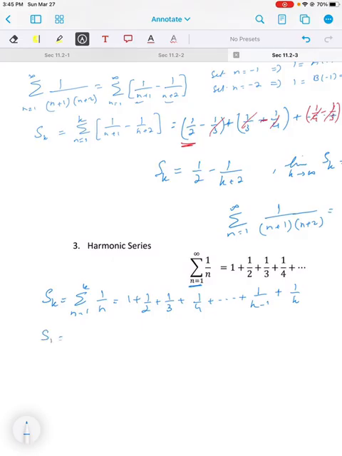So we notice that s sub 1 is just 1, s sub 2 is 1 plus 1/2, which is 3 over 2, but it is a number which is greater than 1, right? Okay, s sub 3 will be 1 plus 1/2 plus 1/3.